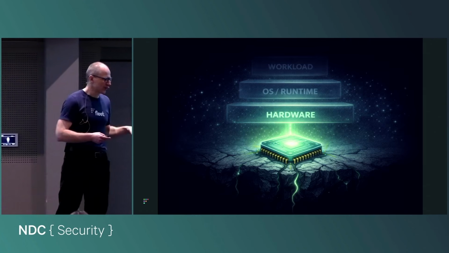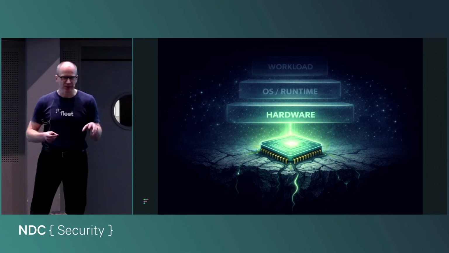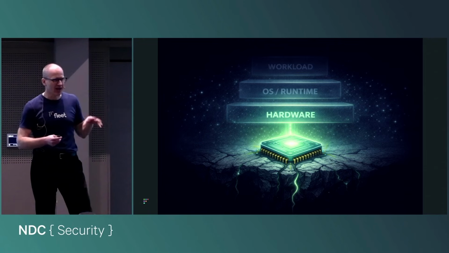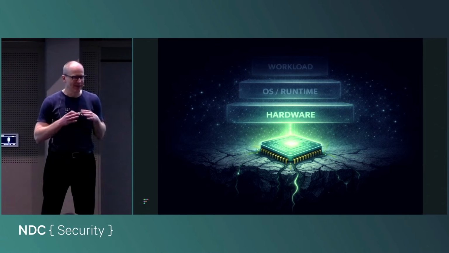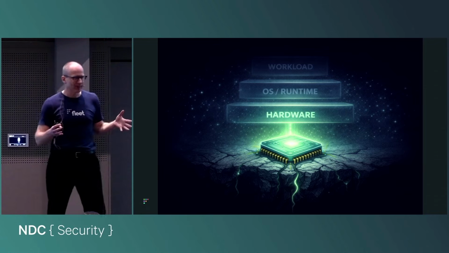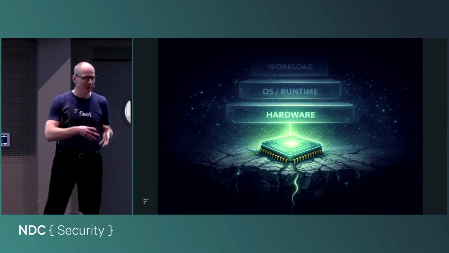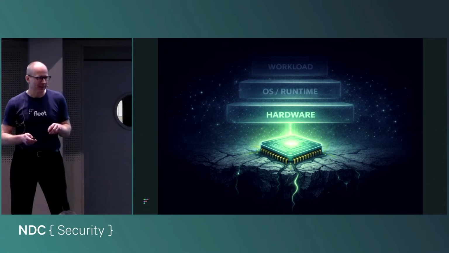So this is where some important vocabulary comes in. First, root of trust. A root of trust is the thing that the entire system ultimately relies on. It's the part you assume is correct, even when everything else above it might be compromised. In hardware-backed identity, the root of trust is the hardware itself, not the operating system, not the container runtime, not the workload, the silicon itself.